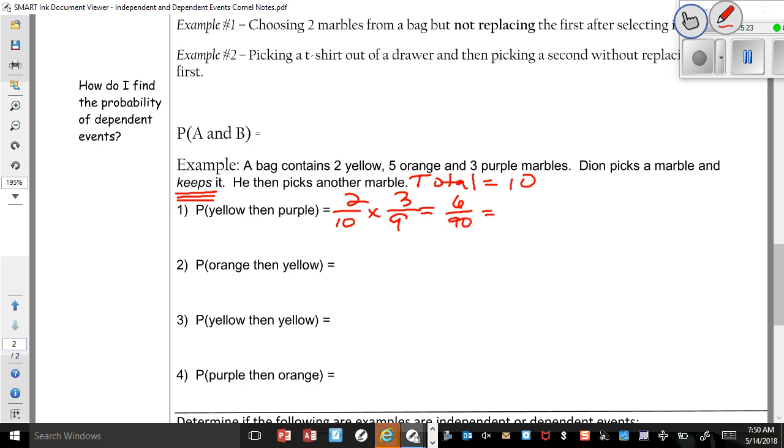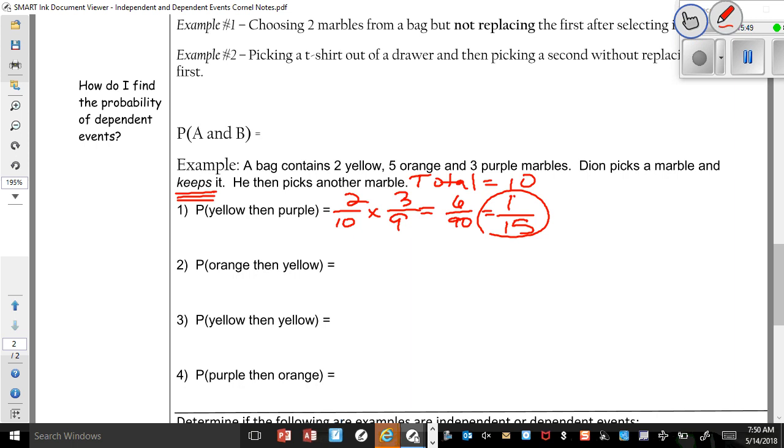Okay? And then what? Simplify. 6 goes into 6 once, 6 goes into 90, 15. 6 goes into 9, 3 left over, is 30.